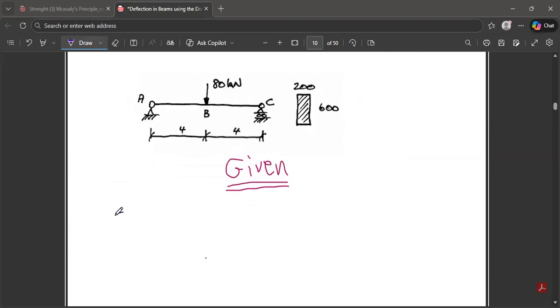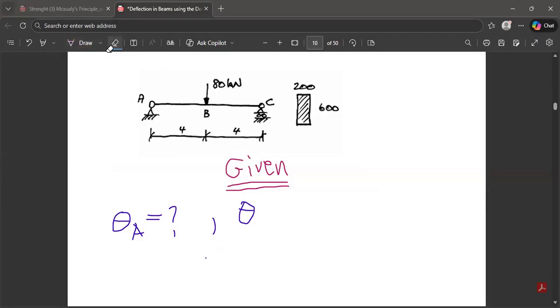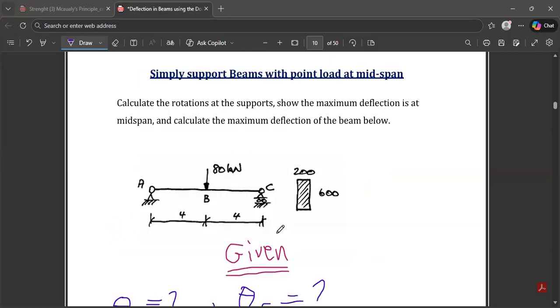So the rotation at the support is going to be theta A, which we don't know, comma, theta B, or theta C, which we also don't know, because there are only two supports.